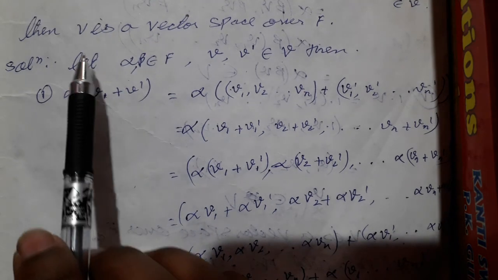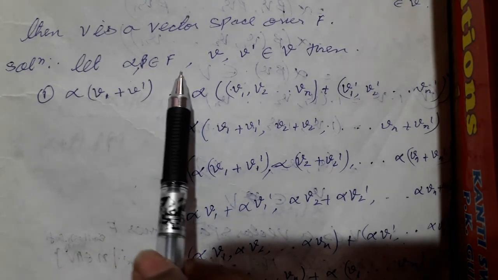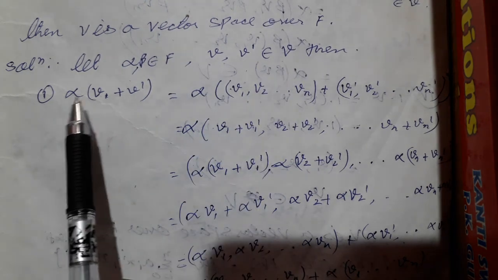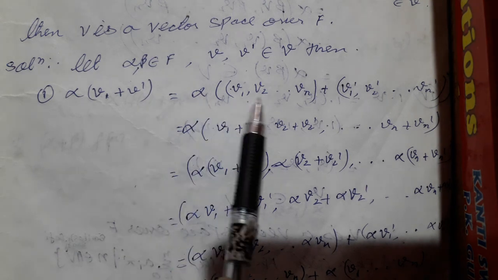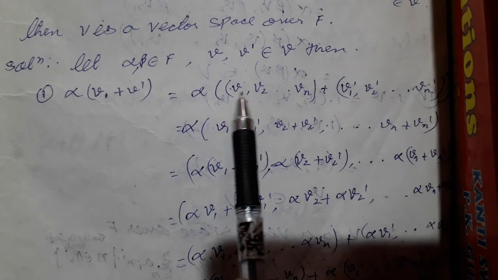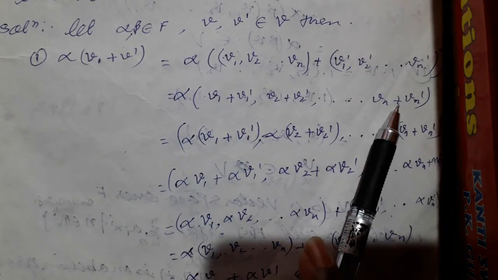Next we are trying to show the four conditions. I'm taking scalars alpha, beta from the field, and two vectors v and v dash. The first operation is alpha times v plus v dash. Using the first definition, we add these two and get this.